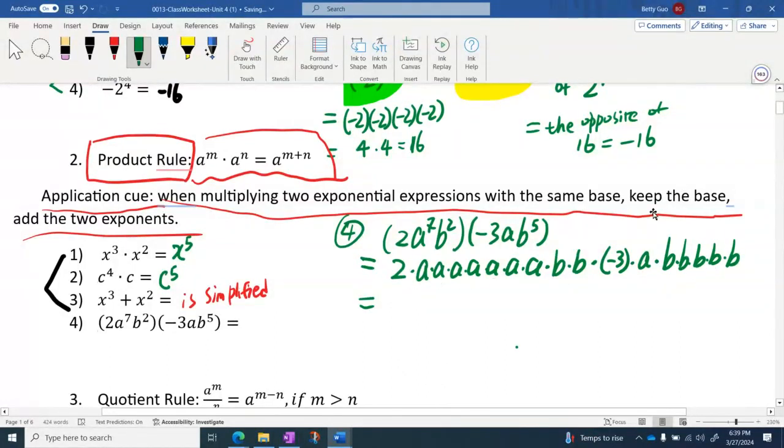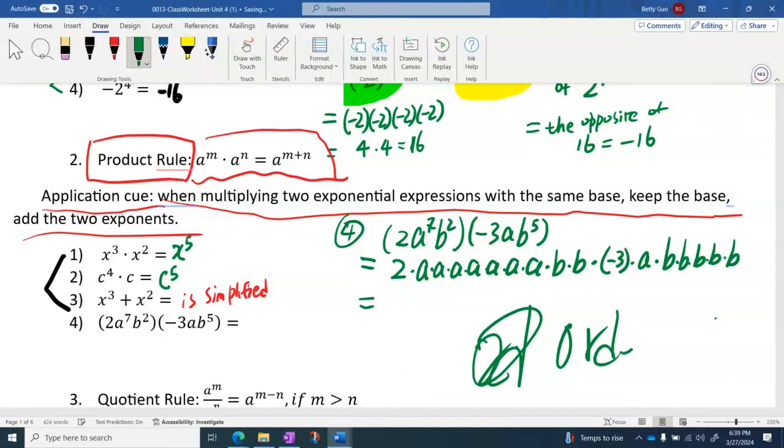They are multiplied together. By the commutative property and the associative property of real numbers, multiplication of real numbers, the order of those factors in the multiplication doesn't matter.